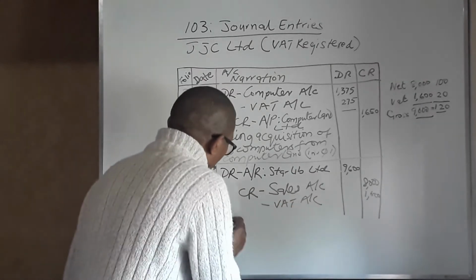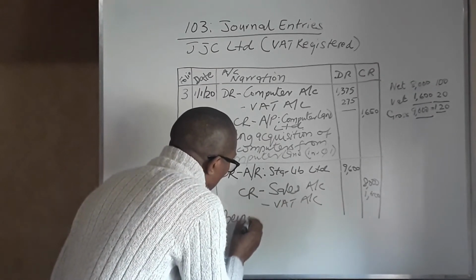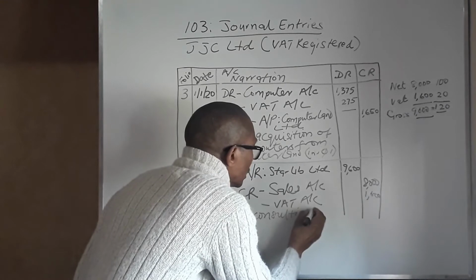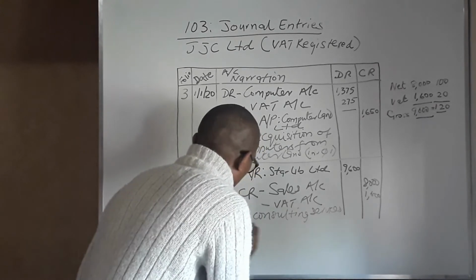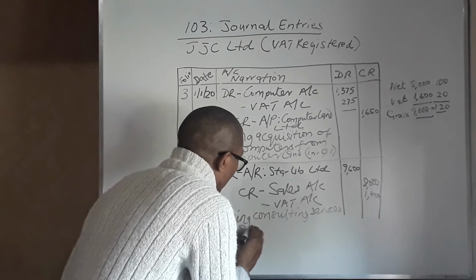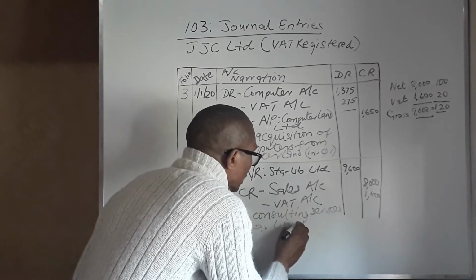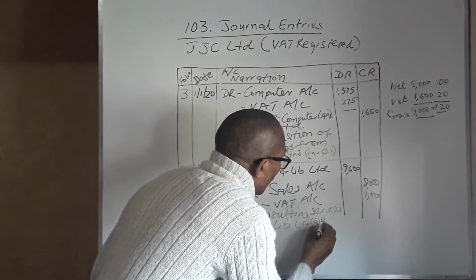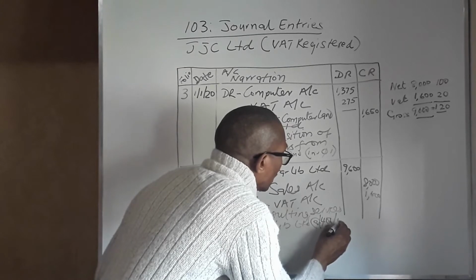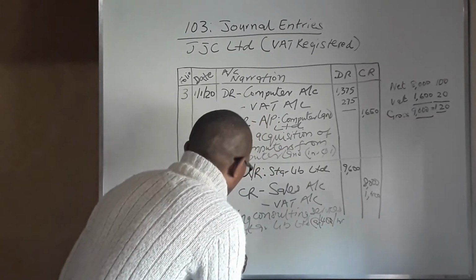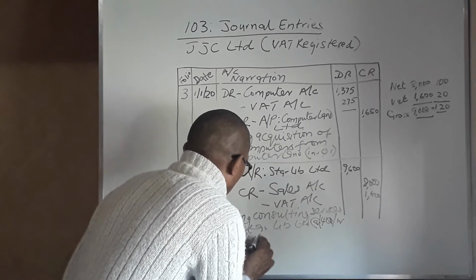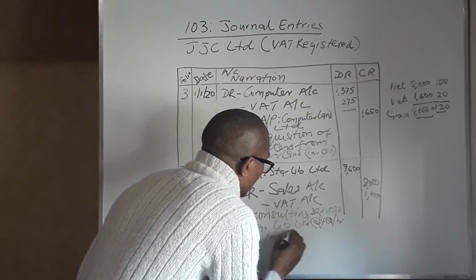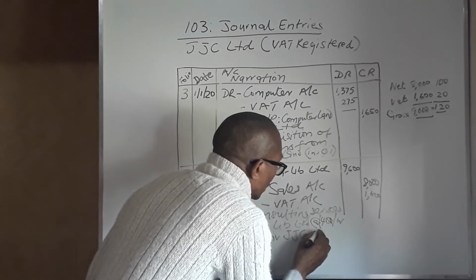So the narration will be: being consulting services to Star Library Limited at £400 per hour, 20 hours, invoice JJC 009.